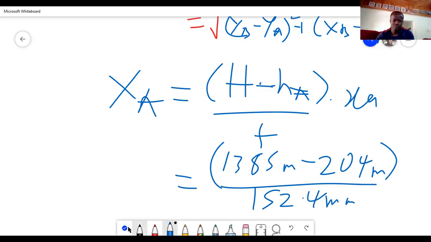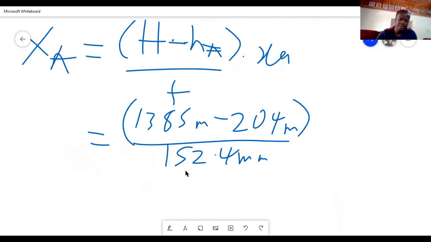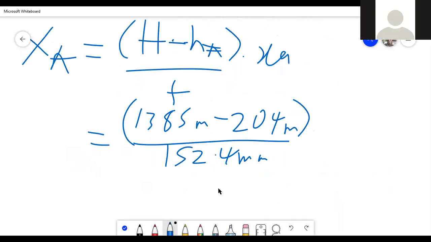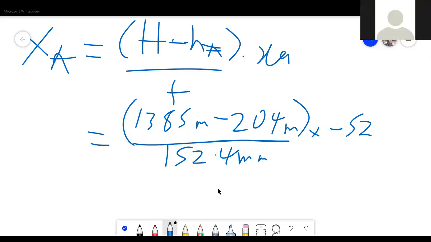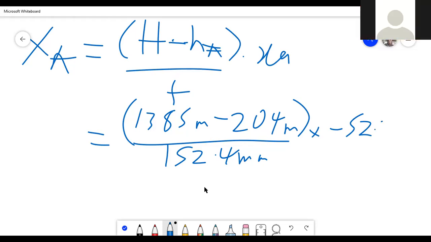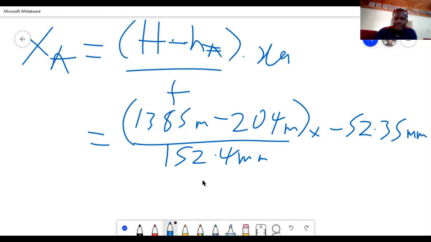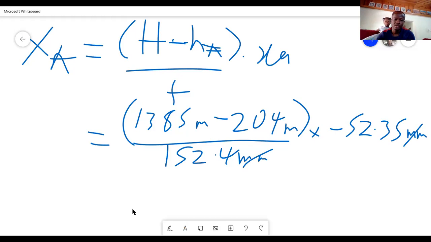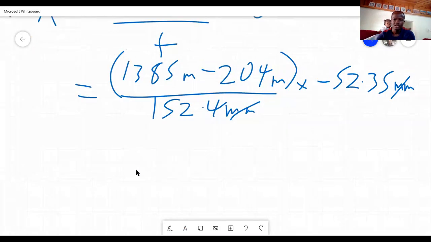Then we multiply this by the coordinate for point X, which is minus 52.35 millimeters, given in the question. So we can cancel millimeters, and then we simply subtract.